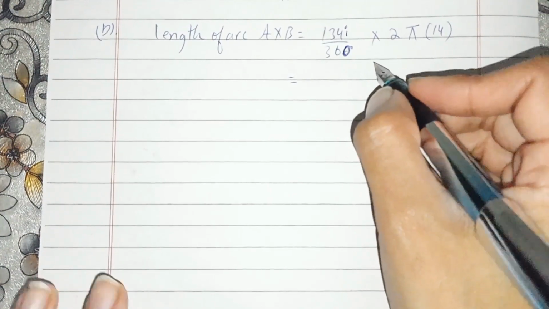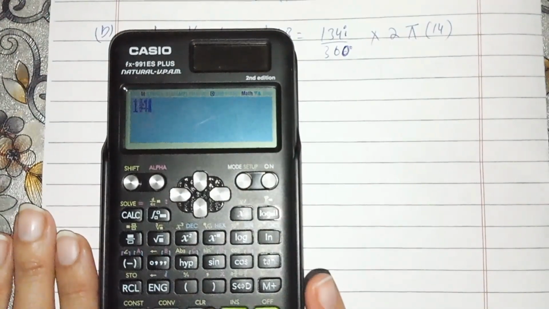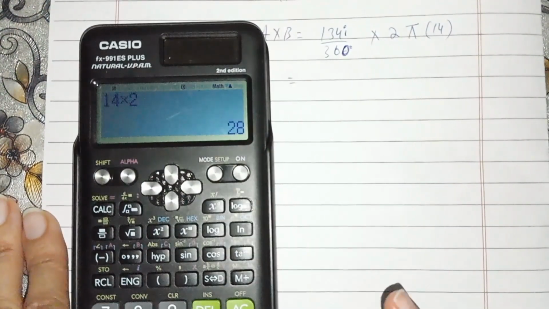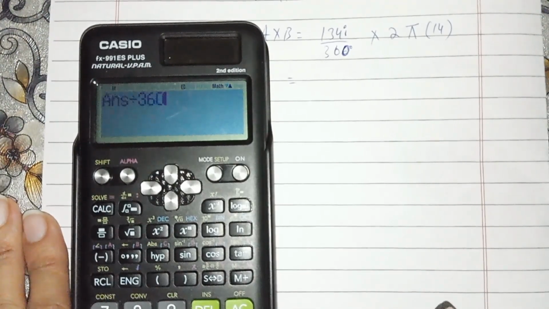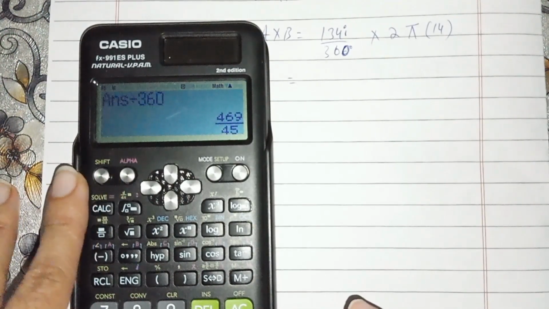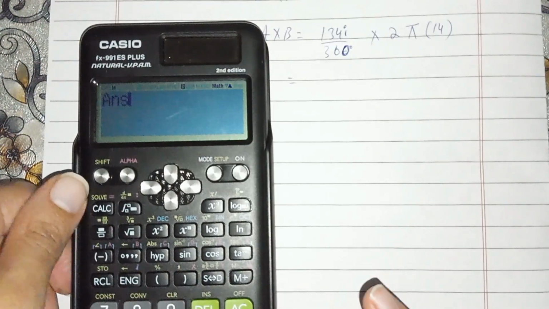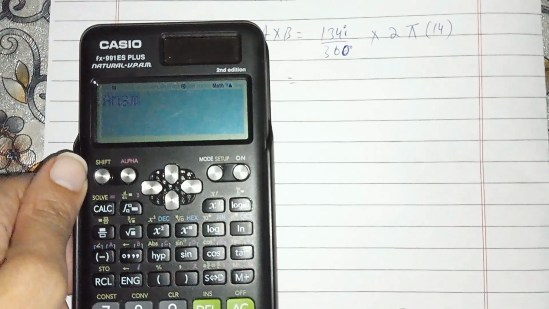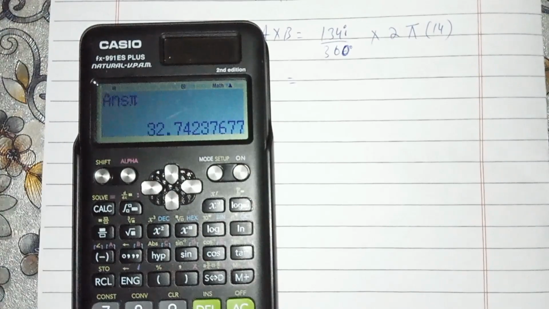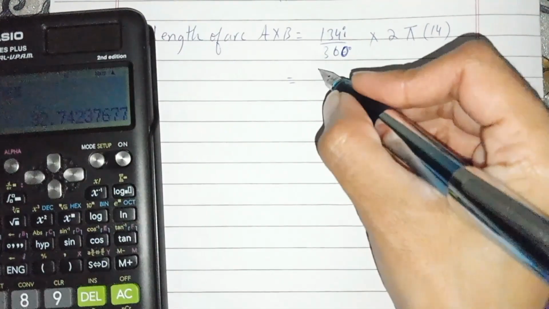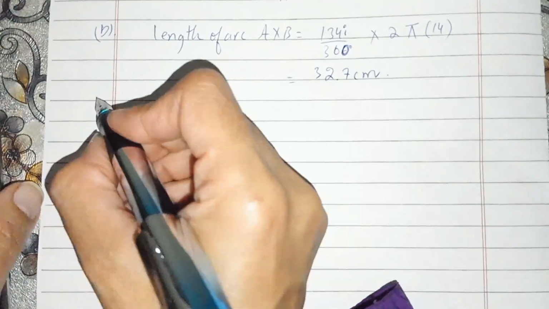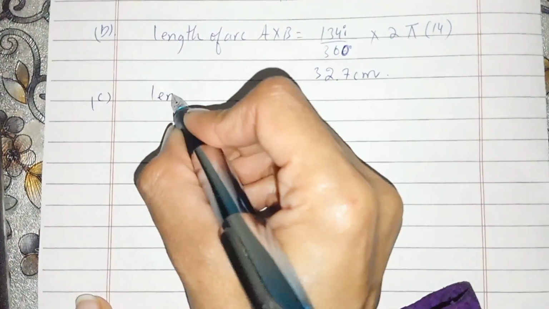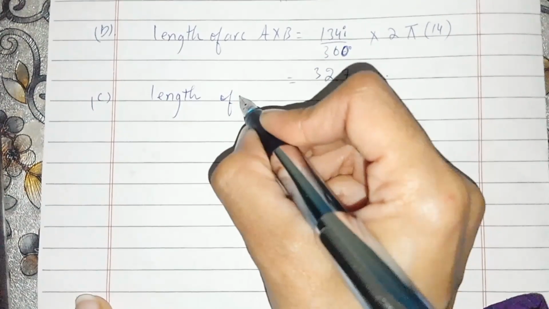By solving it, 14 multiply by 2 multiply by 134 divided by 360 and multiply by pi, and we get 32.7 centimeter. Very simple.